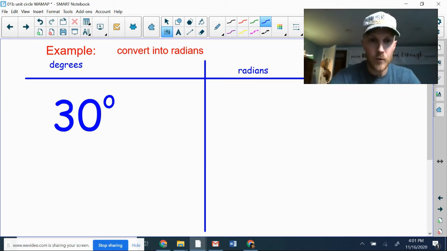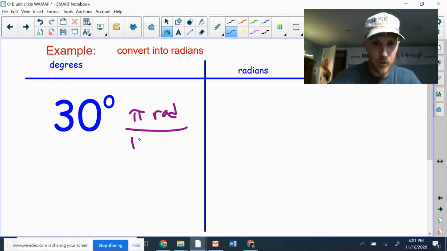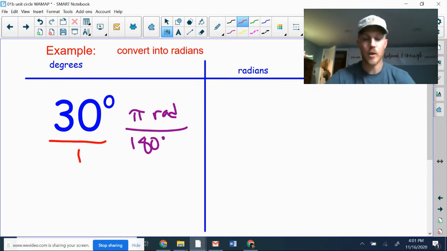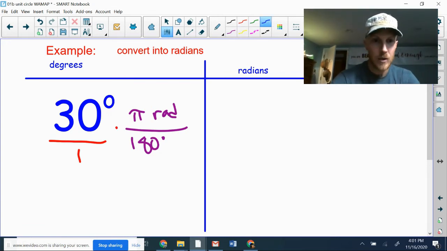Okay, so to convert 30 degrees into radians, I'm going to take that conversion factor, pi radians over 180 degrees, and I'm going to make that 30 degrees into a fraction. I'm going to multiply straight across, top times top and bottom times bottom. On the top first, 30 degrees times pi radians.